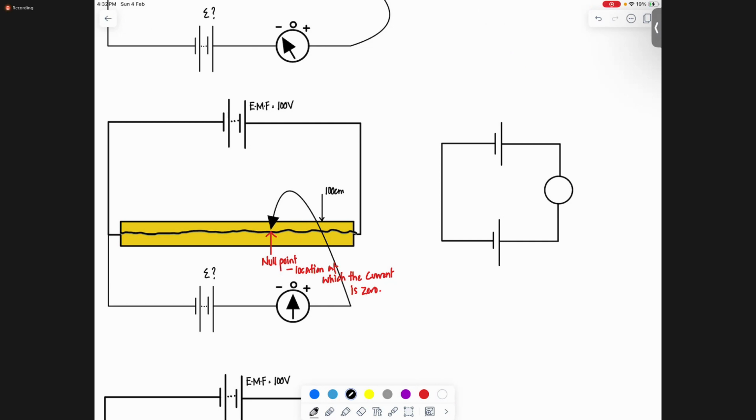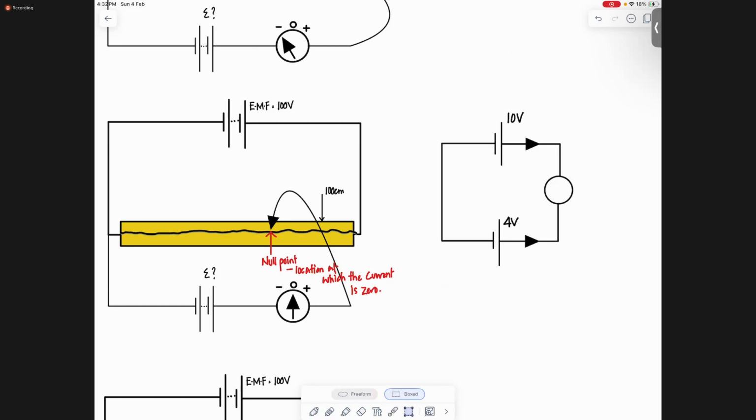They're giving current in opposite directions. This one's current goes this way, this one's current goes that way. Now, if this is 10 volts and this is 4 volts, will there be a current in this circuit? Yes, why? Because there is a net EMF.